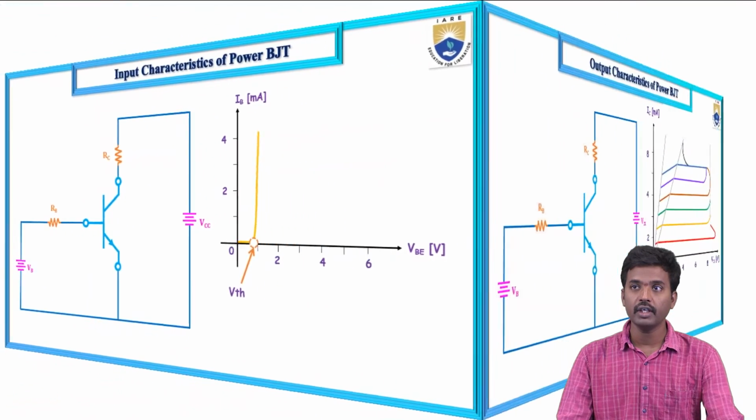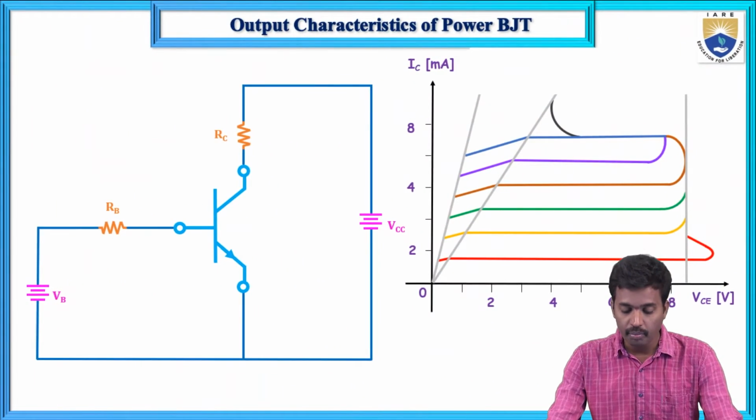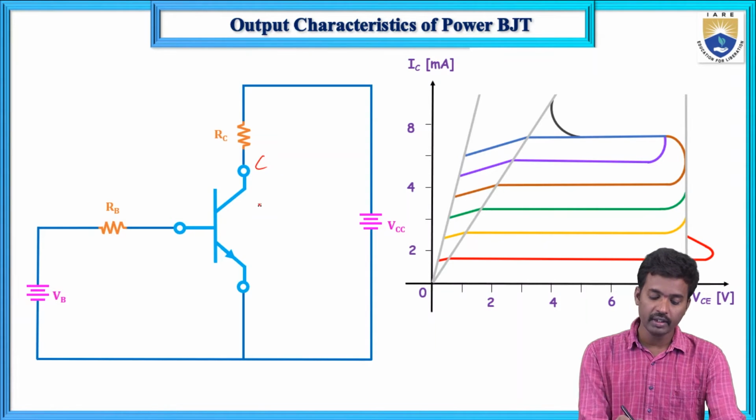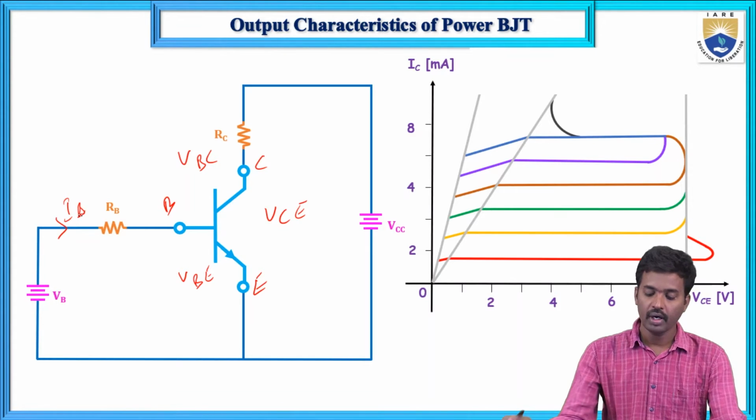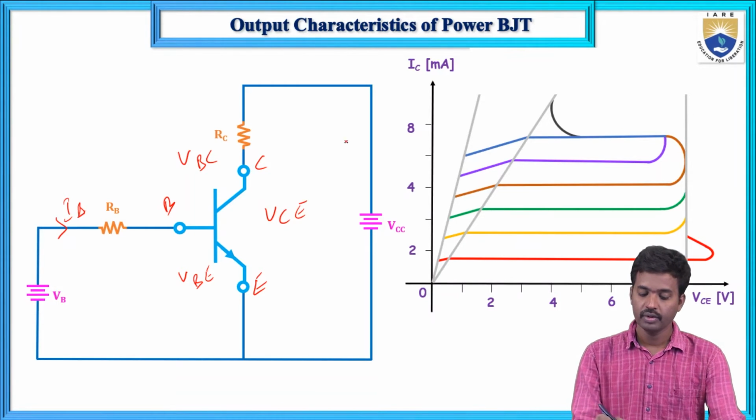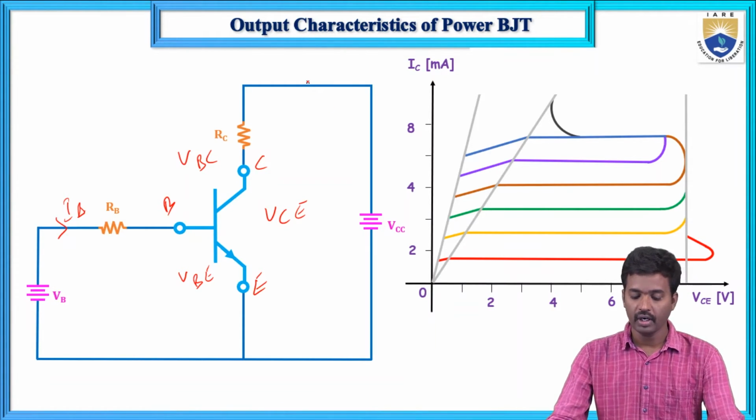Next, output characteristics of power BJT. Same collector, emitter, base, VBE, VBC and VCE, IB, and here this is IC.